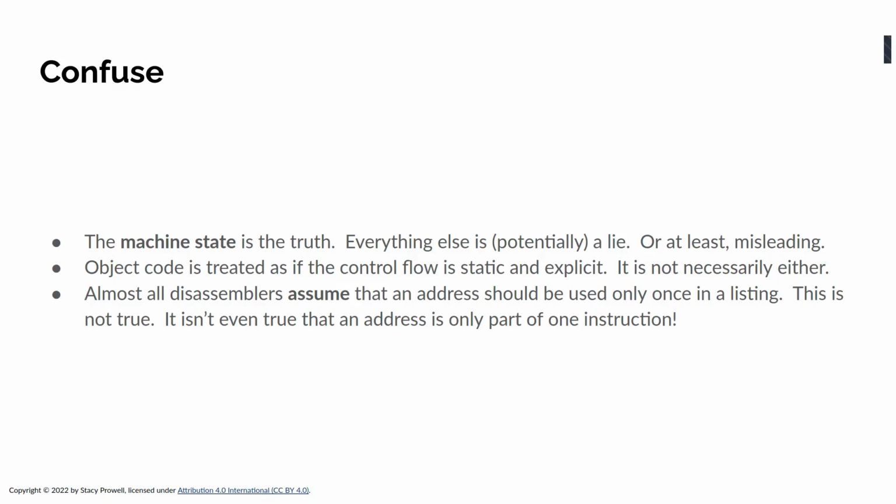And we tend to treat object code as if there's a static control flow that is explicit. And that's not necessarily true either. Neither one of those is true. It's certainly not true that the control flow is going to be explicit. Assembly is already hard enough to read. But I can use the tools of assembly to obfuscate the control flow, so it's not what it looks like when I look at it in a disassembler.